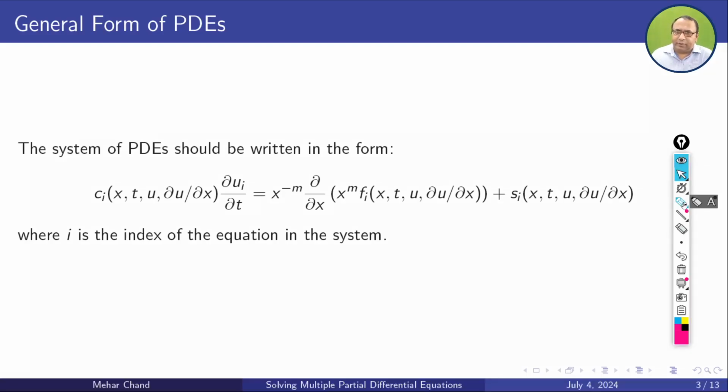A system of PDEs should be written as Ci(x, t, u, du/dx) du_i/dt = x^(-m) d/dx (x^m f_i(x, t, u, du/dx)) + s_i(x, t, u, du/dx), where Ci, fi and si are the coefficients and i is the index of the system of equations.